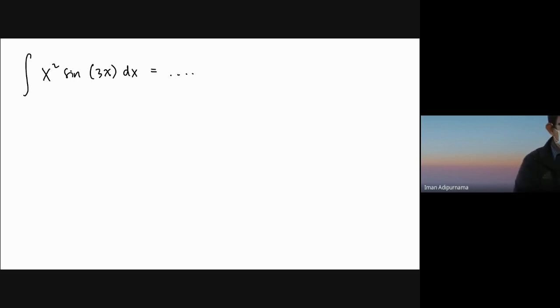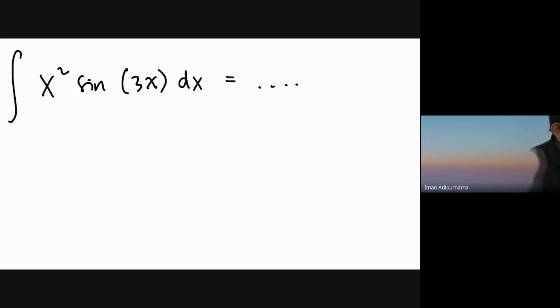So the idea of this integral is, if you have a power function and trigonometric functions, the one you need to put to be differentiated will be the power function. Because if you take that in the integral as dv, you need to integrate it, then you will have x cubed, right?